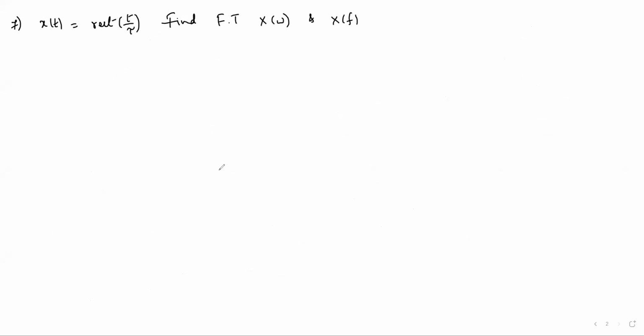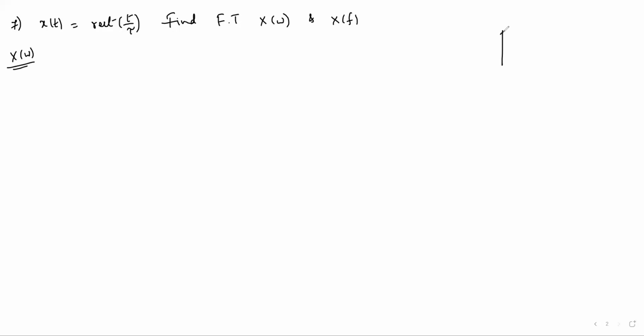That's why I am giving both cases separately. Let us solve first for x of omega and then let us solve for x of f also.